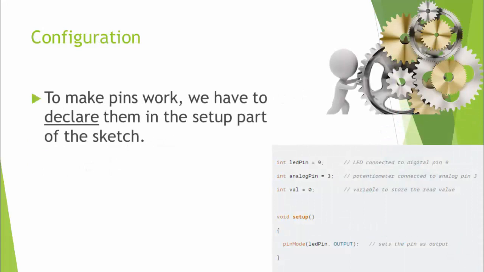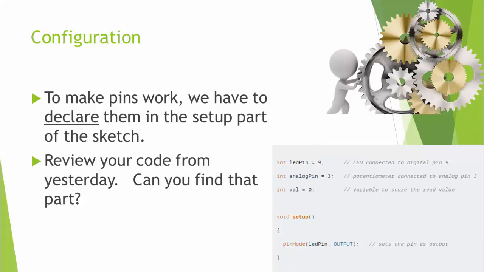We have to declare given pins if we want to use them. So those pins have to be set up initially. A variable needs to be assigned such that given pins will have their output generated once you're running. So don't forget to declare those pins you want to use, and you can see the code here.